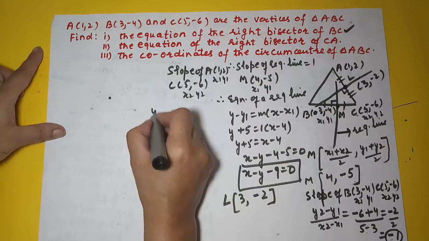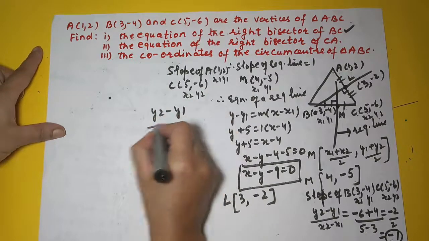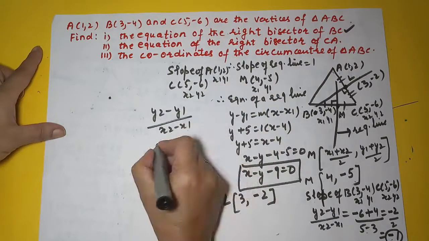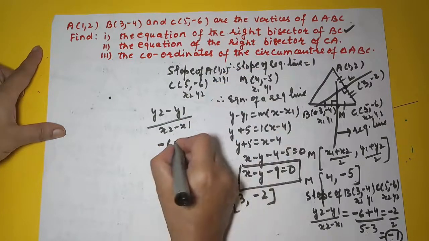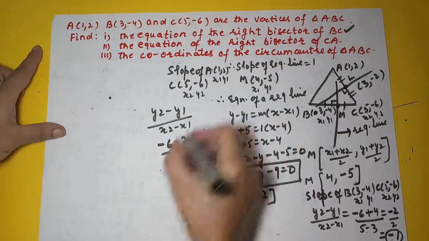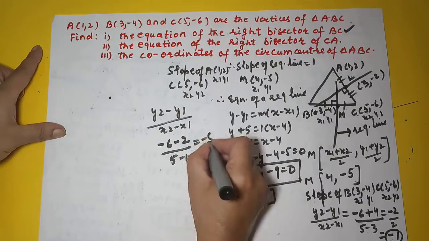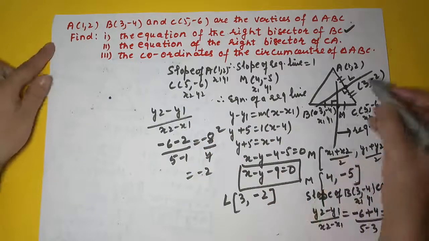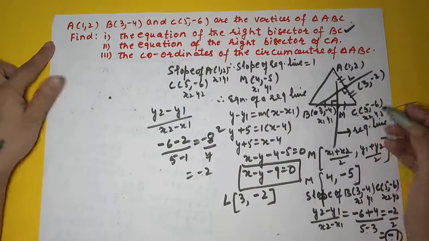So slope is y2 minus y1 upon x2 minus x1. What is your y2? Minus 6. What is your y1? Minus 2. What is your x2? 5. What is your x1? Minus 1. So minus 8 upon 4. 4 2s are 8, so minus 2 is the slope of AC.